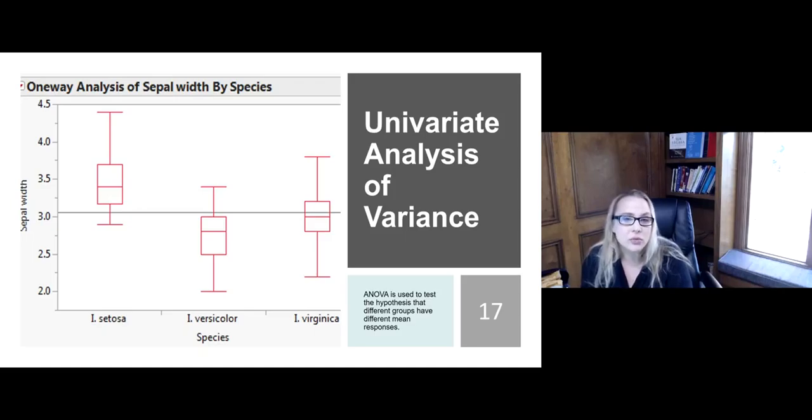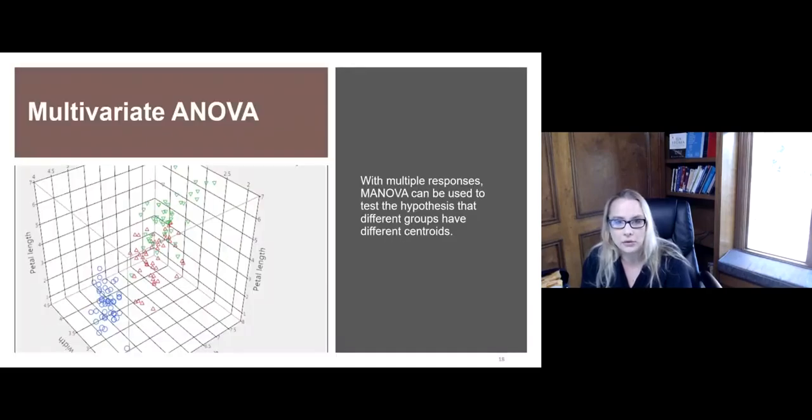If you can assume normality and a constant variance, then we can evaluate the differences in the means, so we test to see whether there is a difference in the means by using the F ratio that evaluates the between data variability and then the within data variability. And then we can make an inference on whether or not the means were different.